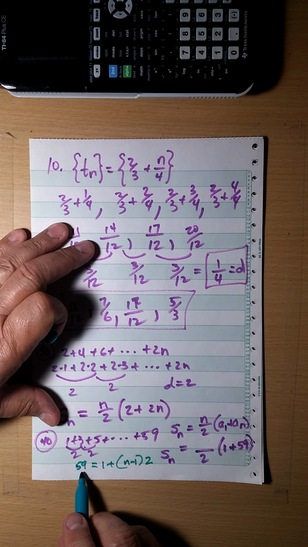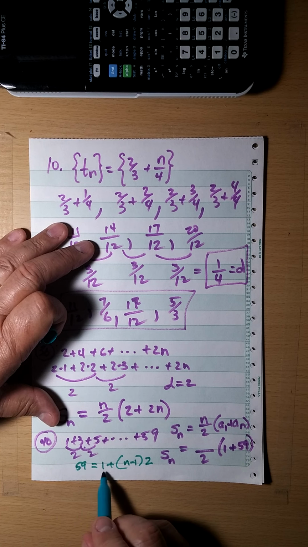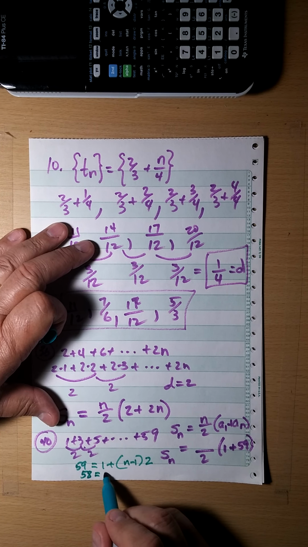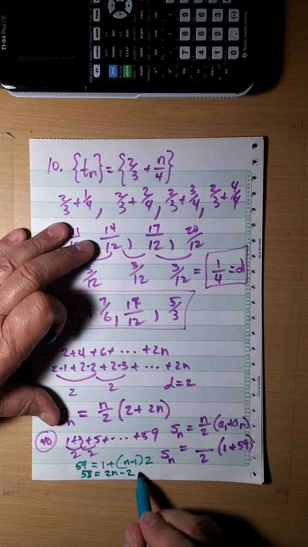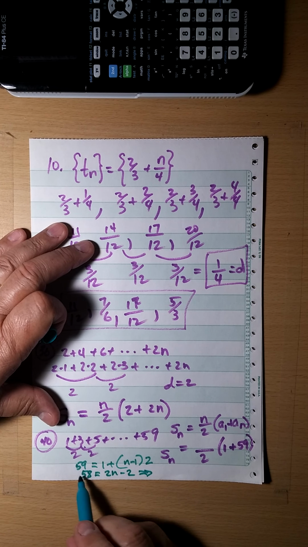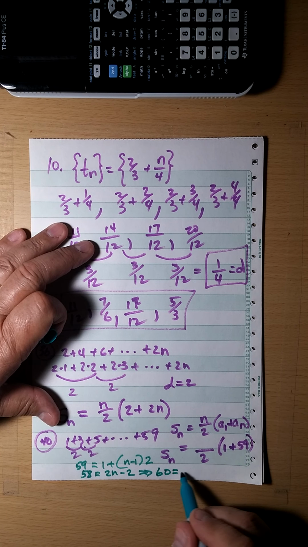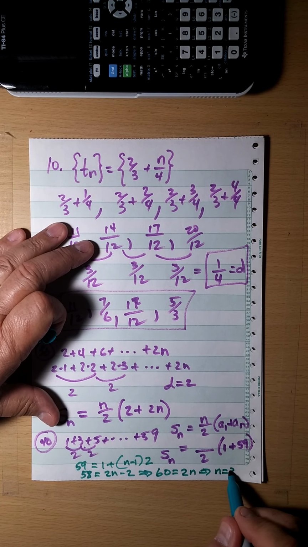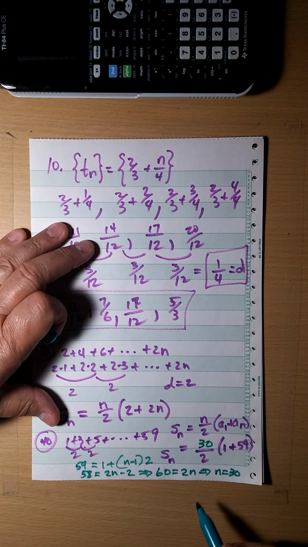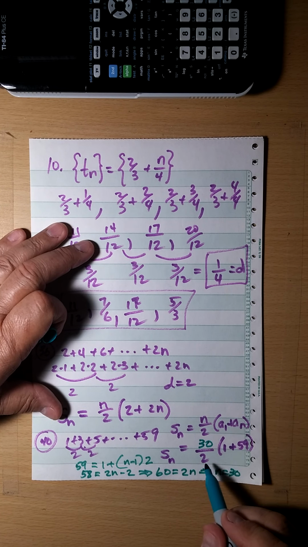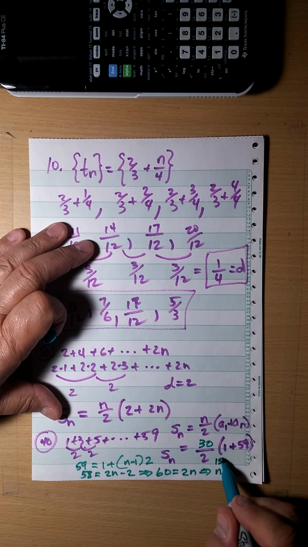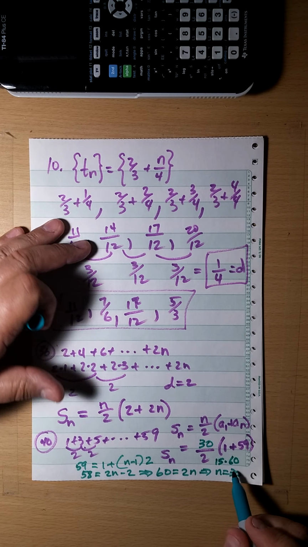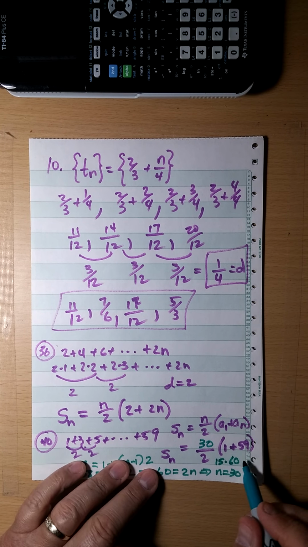And we know that's 59. So we're going to subtract 1 from both sides. 58 is 2n minus 2. Add 2, so 60 equals 2n. So n must be 30. Put in the 30 here. Now it's 30 over 2, which is 15, times 60. Or 600 and 300, about 900 there, right?